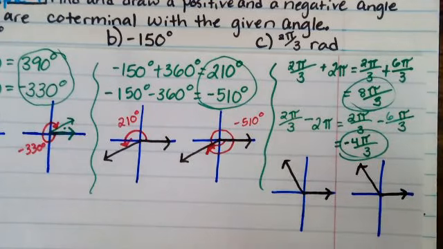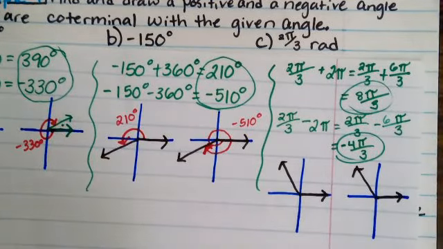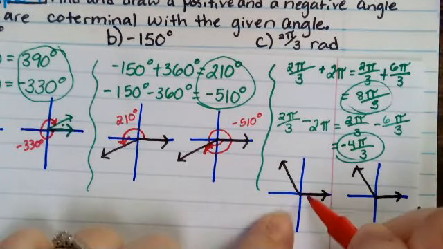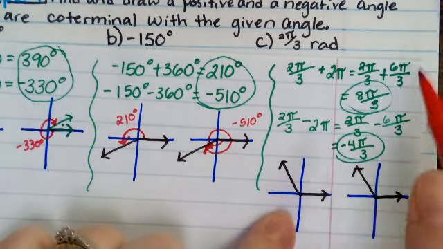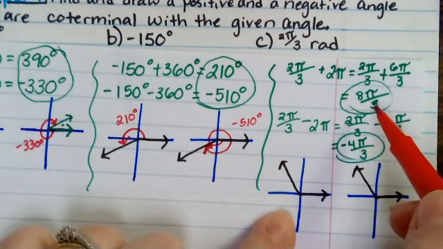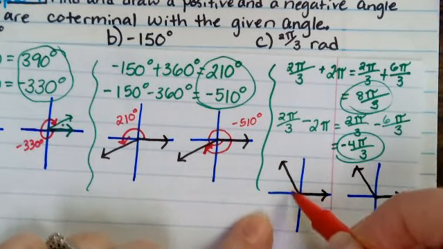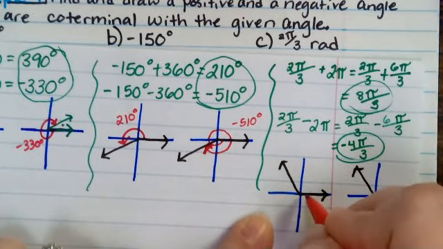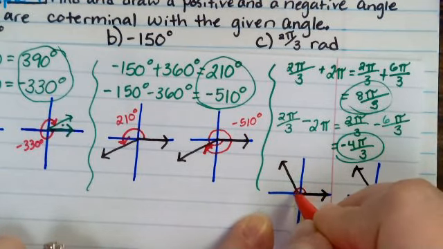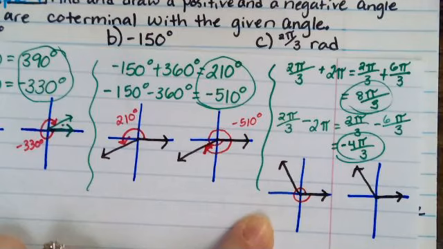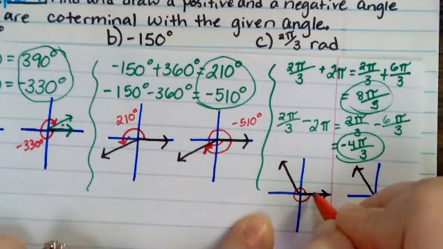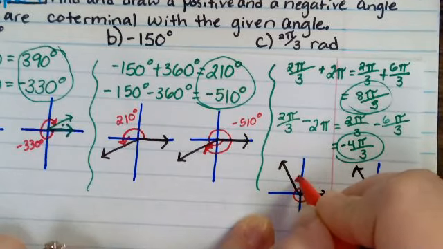Okay, so now I've got to figure out my rotations. I've got these angles drawn, but let's look at the rotations. Now 2 pi over 3 would be just opening here. But if I'm doing 8 pi over 3, that is opening more than one rotation in that positive direction, because 6 pi over 3 would be a full rotation, okay? But 8 pi over 3 brings me back here.